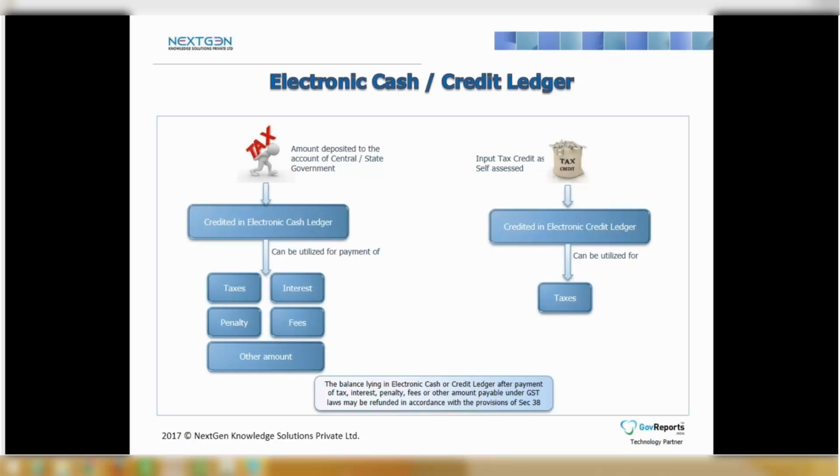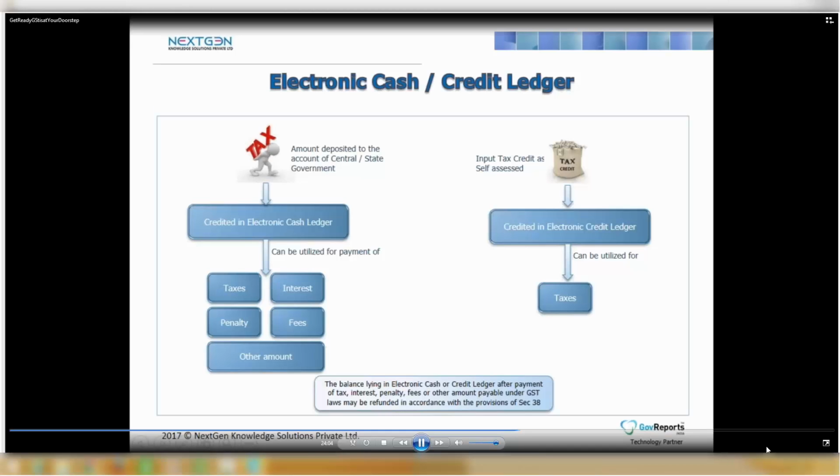Friends, electronic cash ledger is an account maintained for each taxpayer at GST portal where the tax deposited by the taxpayer is credited, and this amount can be utilized for payment of major heads. Major heads are like taxes, and its subheads could be like SGST, CGST, IGST, and UTGST.